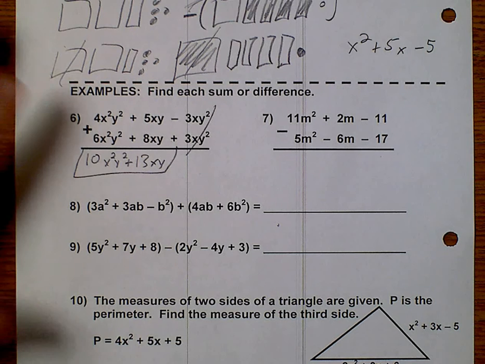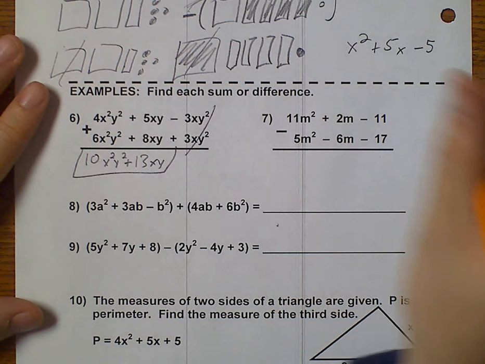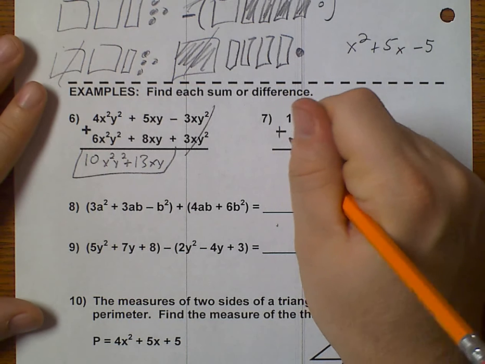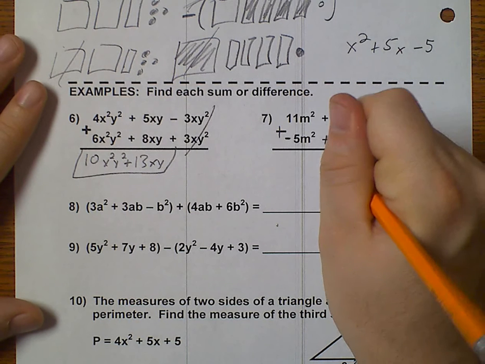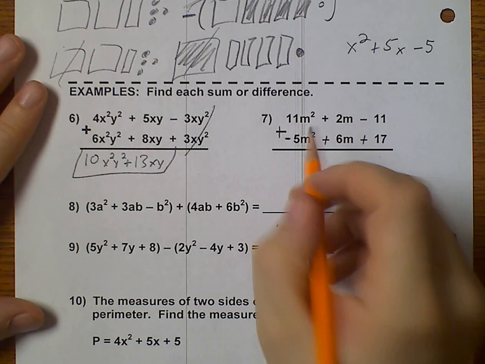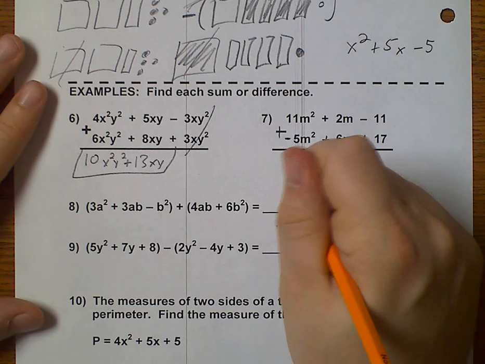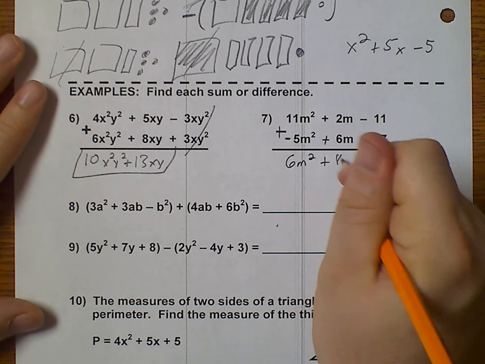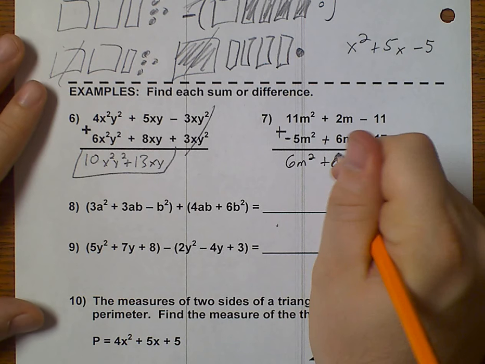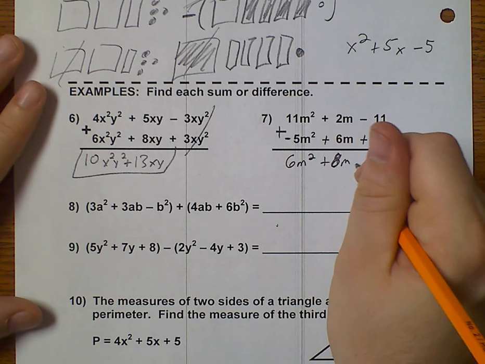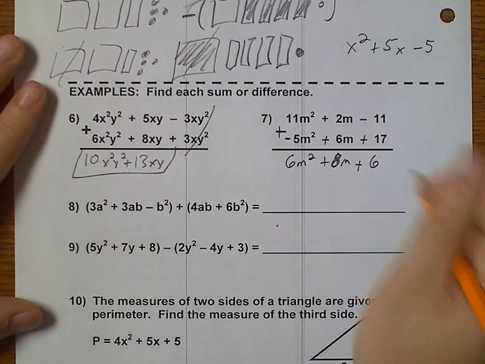Or if I'm subtracting, in order to subtract properly, I want to go ahead and change this to a plus, and then change all of my signs. And so 11 minus 5 be 6m squared. 2 plus 6 gives me 8m. And the negative 11 plus 17 would just be plus 6.